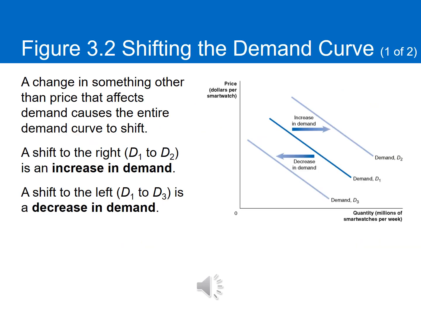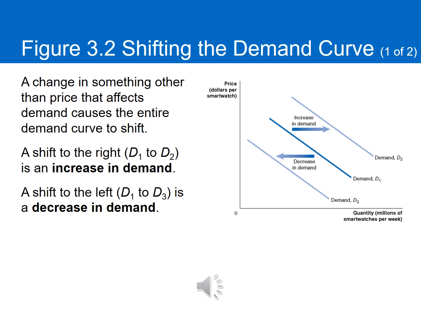Now, when we first talked about demand curves, we talked about a change in price moving along that demand curve. Now, if there's a change in something else other than the price that affects the demand, this will cause the entire demand curve to shift. So instead of moving along that same curve, we're now moving the curve to either the left or to the right. So a shift to the right, in this example moving from demand curve D1 to demand curve D2, is going to be an increase in demand.